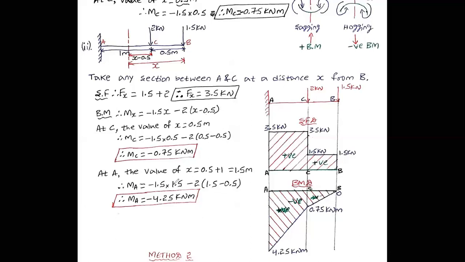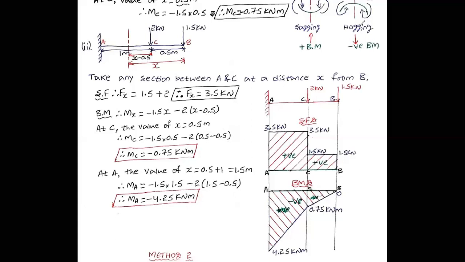Substituting the values, 1.5 times 1.5 is 2.25, and 1.5 minus 0.5 is 1, so 2 into 1 is 2. Minus 2.25 minus 2 is minus 4.25 kilonewton meter. This is how you are going to get the value.